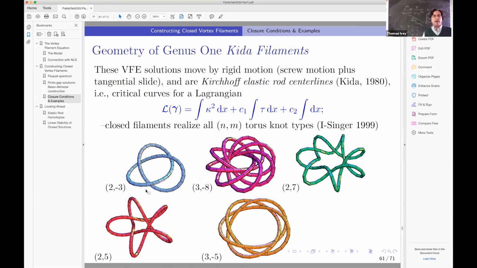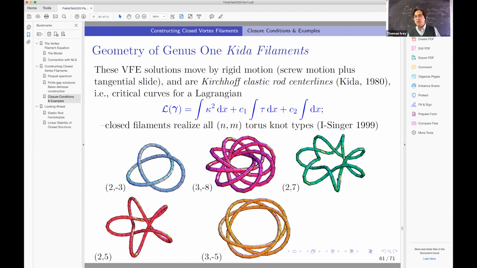And the second one is how many times you go around the waist of the torus, but with a sign depending on whether it's left-handed or right-handed. So this actually has negative torsion, so it's a -3, a left-handed 2, 3 torus knot, and similarly for this one here.